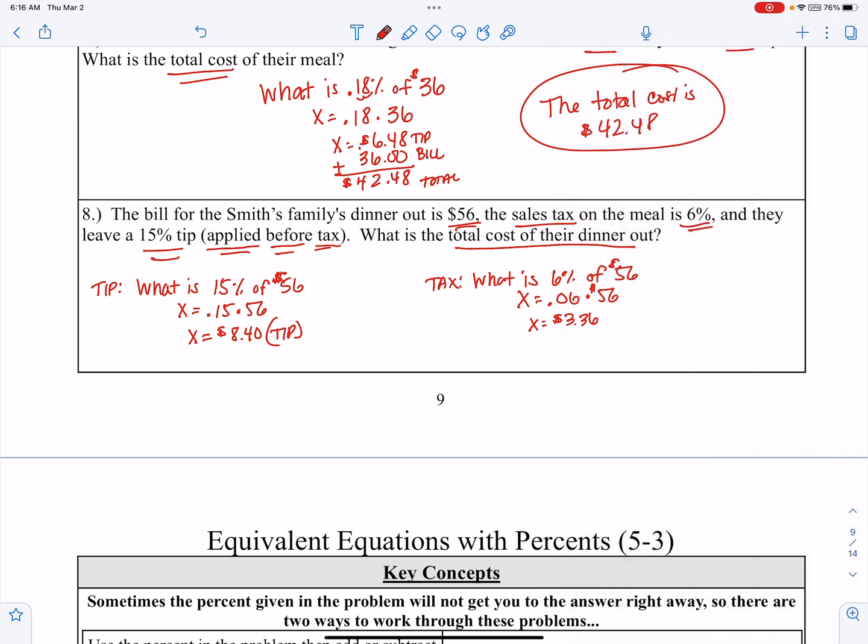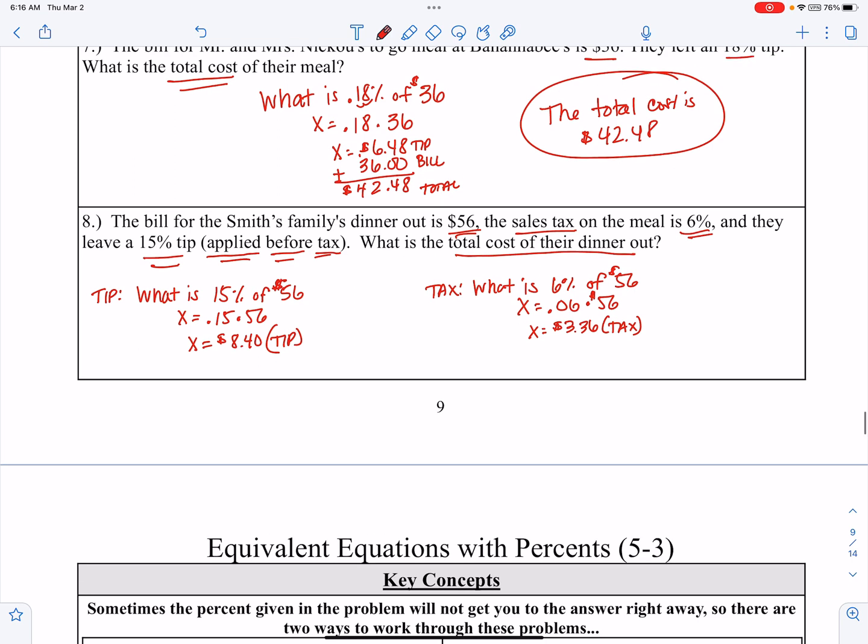So now we have all this information. So here's our tax amount. There's our tip amount. What is the total cost of our dinner out? Well, we had our bill of $56. We have our tip of $8.40. And we have our tax of $3.36, and those are all calculated off of the original bill, not off of any new number.